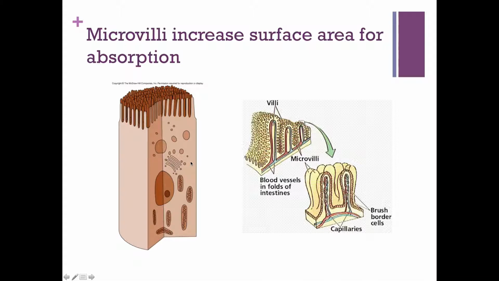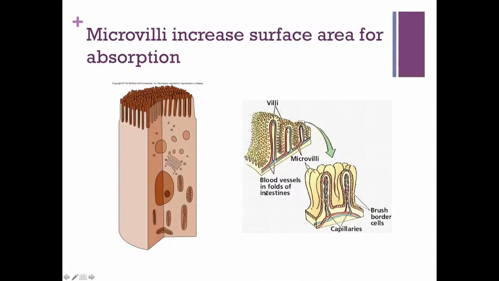On top of villi are microvilli. So not only do we have villi in really big folds on top of every area of the small intestine, we also have microvilli on top of villi. So this is called the brush border. This is the smallest little piece that you can find.